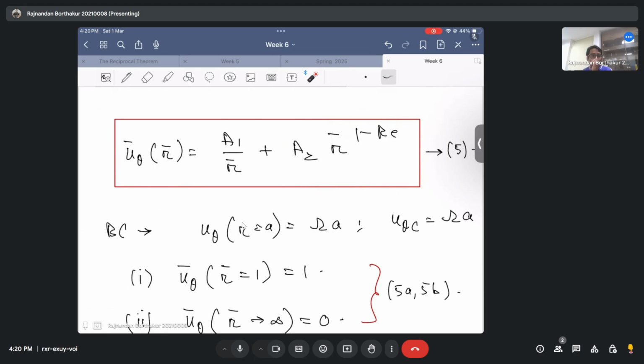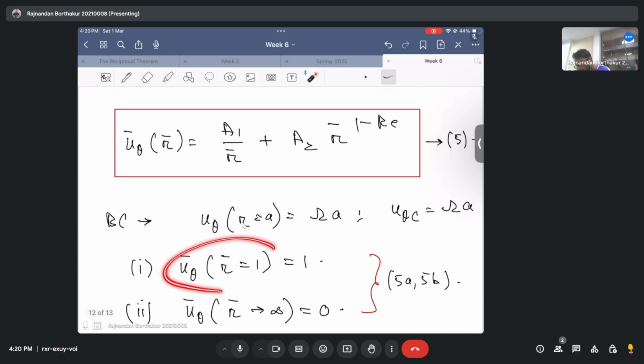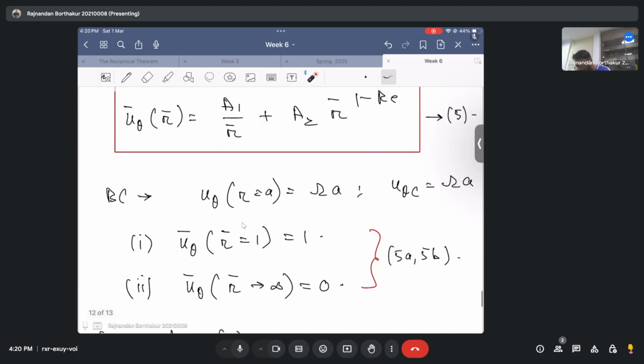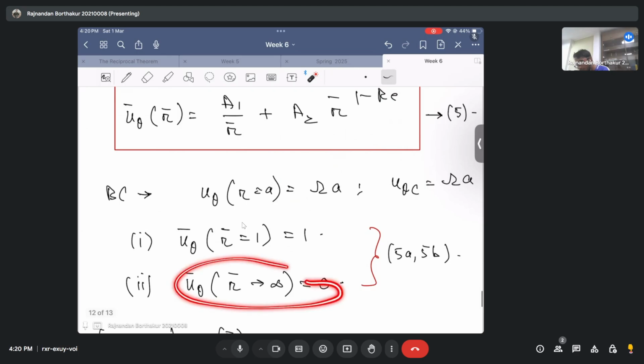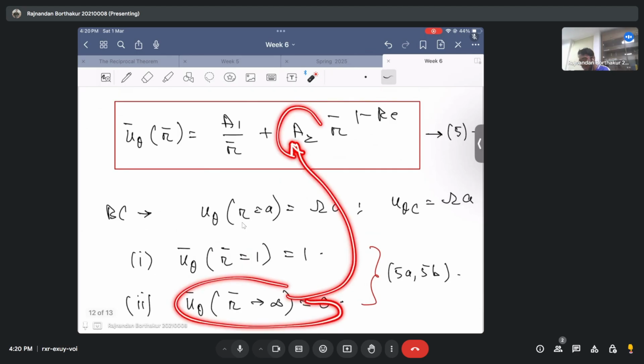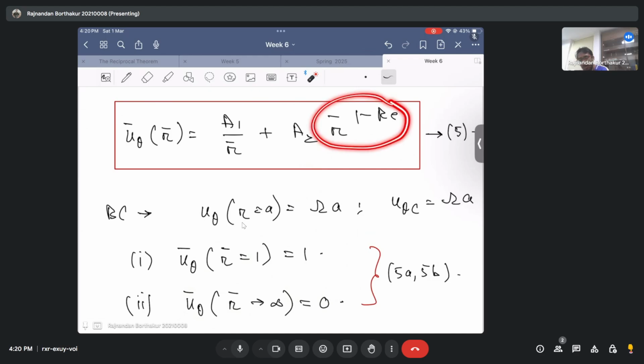Which now means that I just have one condition to evaluate two constants a1 and a2, and this is not sufficient, right? Because one condition cannot give me two constants. For Reynolds number greater than 1, this term cannot dictate uniquely the value of a2, because it no longer blows up, and I cannot say that a2 will be equal to 0.